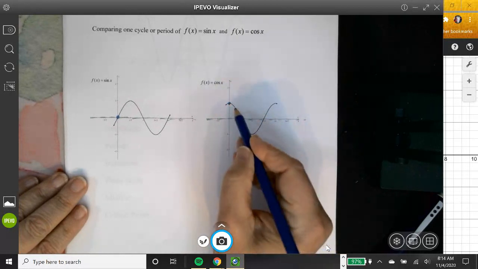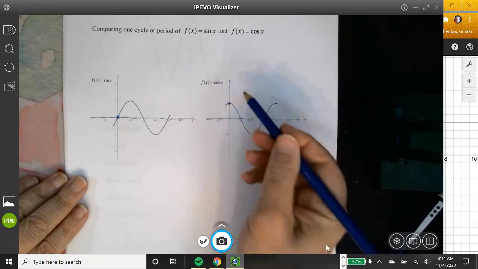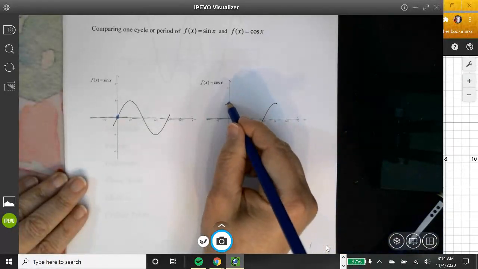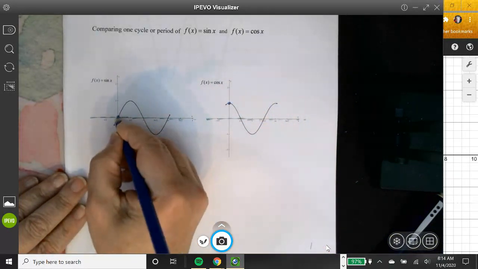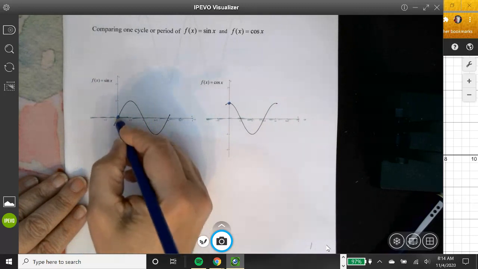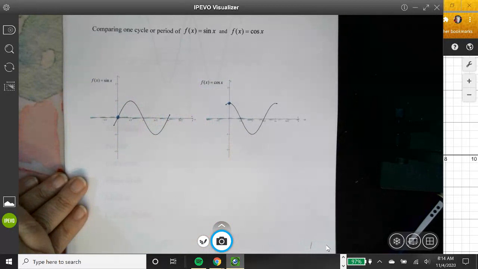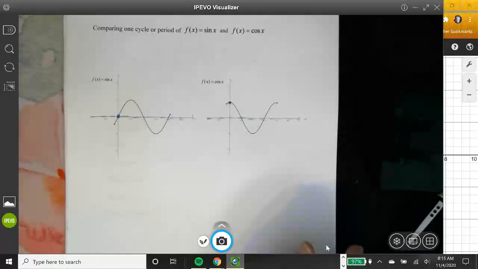And you're going to be off the midline either up in amplitude or down in amplitude, depending upon whether your curve is negative or positive. Okay, so you're always going to be off and up or off and down. Okay, and sine always starts on the midline, regardless if it's a positive sine curve or a negative sine curve. Okay, so that's important to remember. Sine on, cosine is off when it starts. All right.